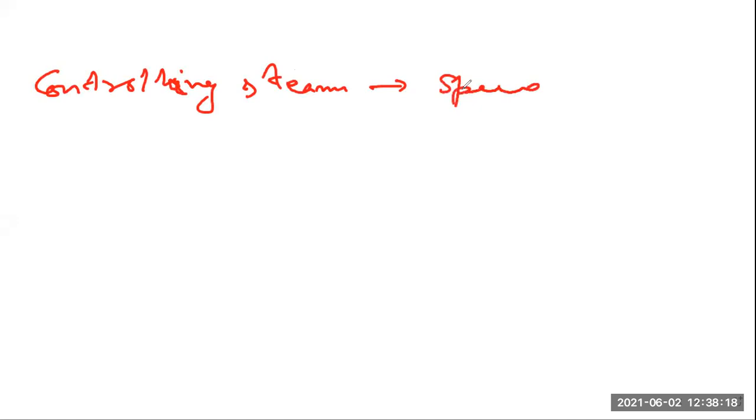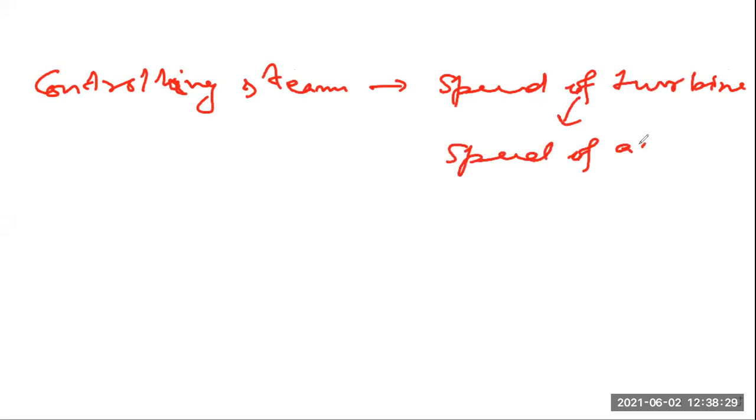So when we are controlling the steam, it actually affects the speed of the turbine. So if the speed of the turbine is controlled, then what will happen? The speed of the alternator will be controlled.